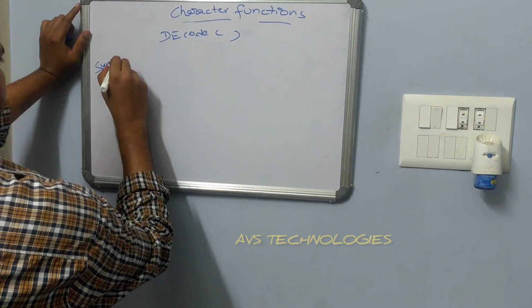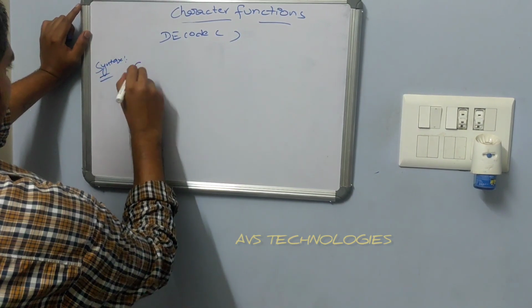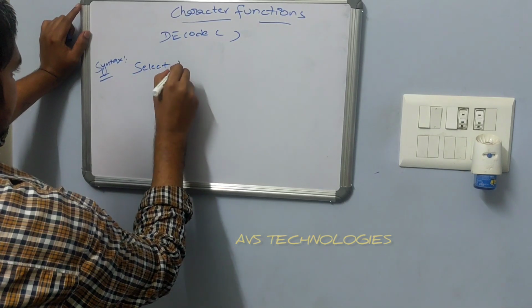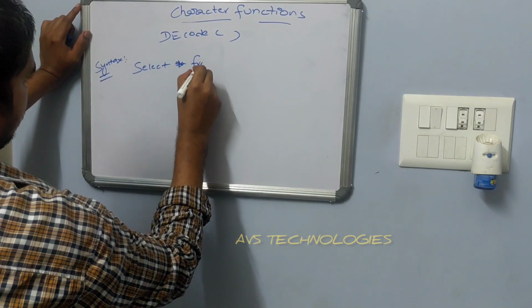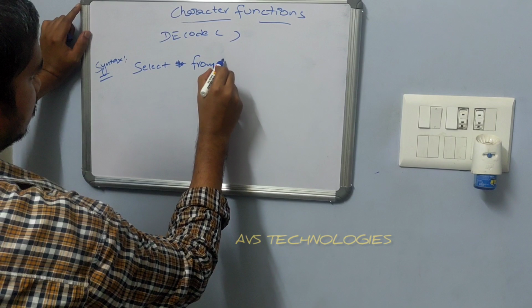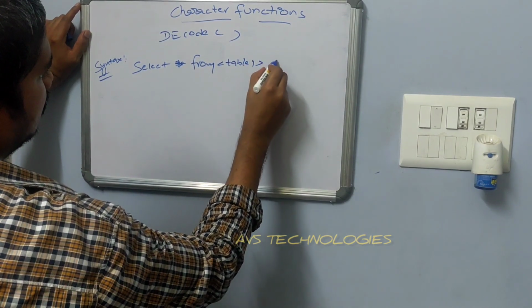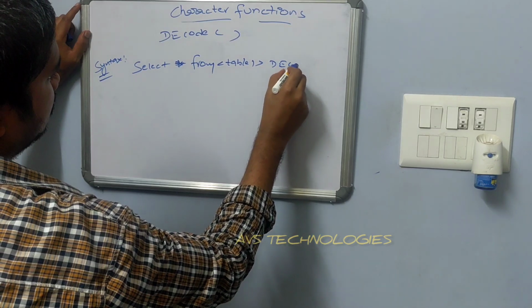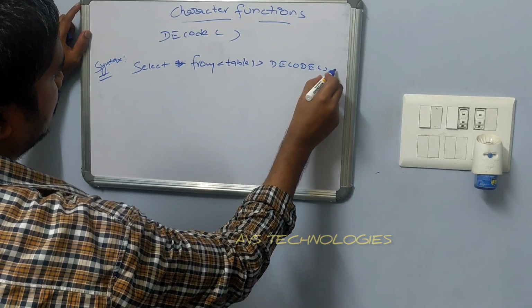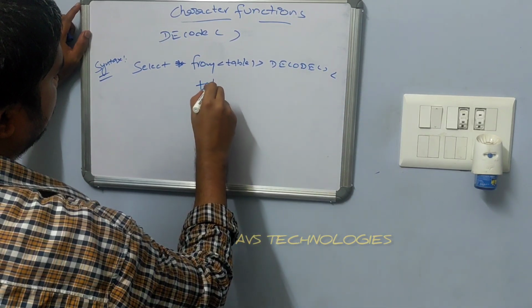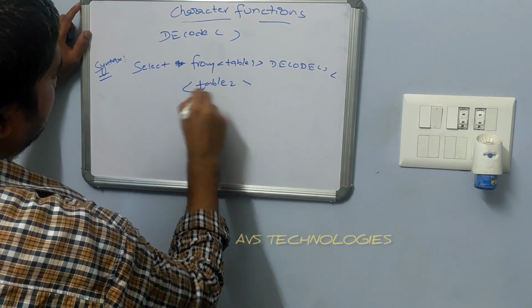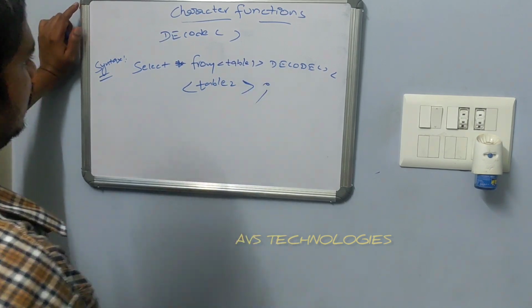Syntax: select star from table name table 1, decode, table 2, semicolon.